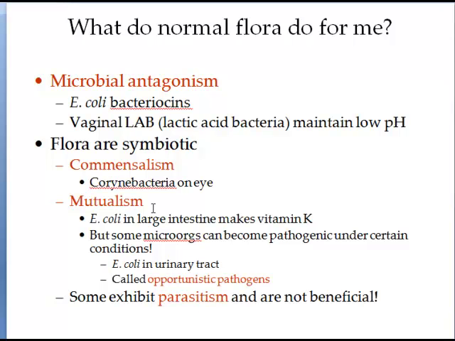Another kind of relationship involves opportunistic pathogens, and these are microbes, for example E. coli. These do not cause disease in their normal habitat in a normal healthy person, but may do so in a different environment. For example, the microbe can gain access through broken skin or a mucous membrane and cause opportunistic infections.